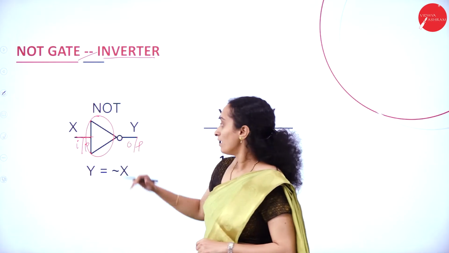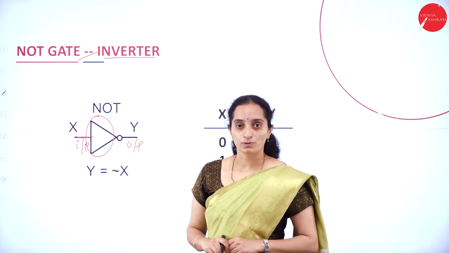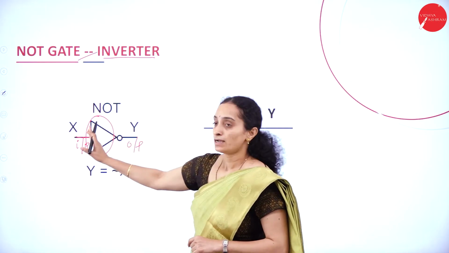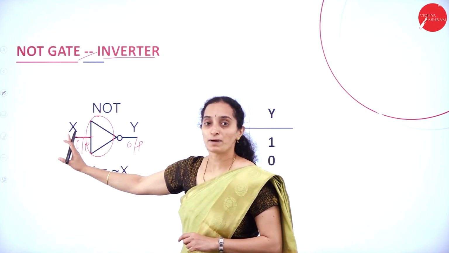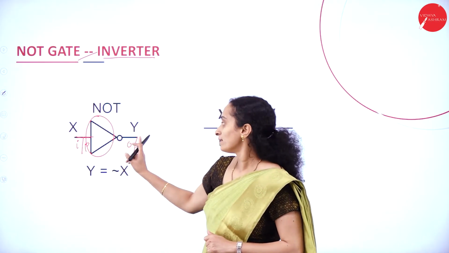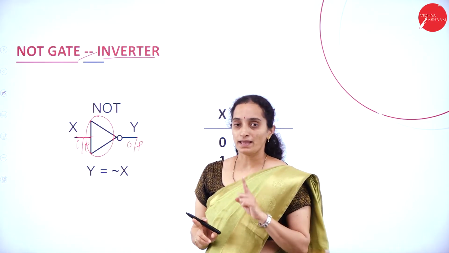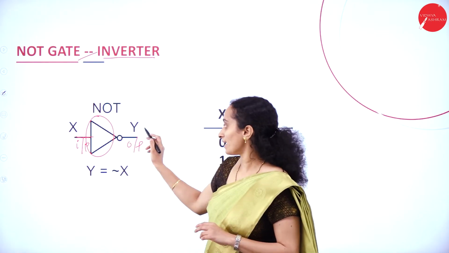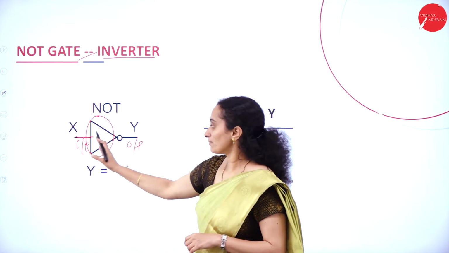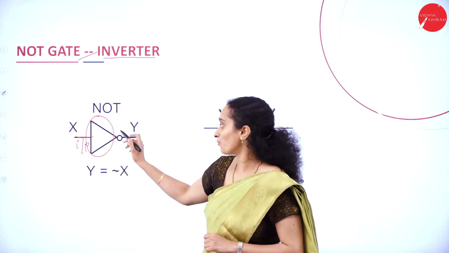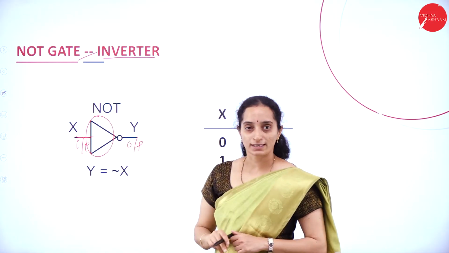But the thing is, a gate can have multiple inputs, but the output will always be one output. Multiple inputs, single output. This is the actual gate.